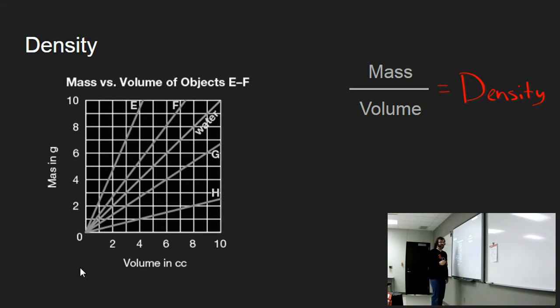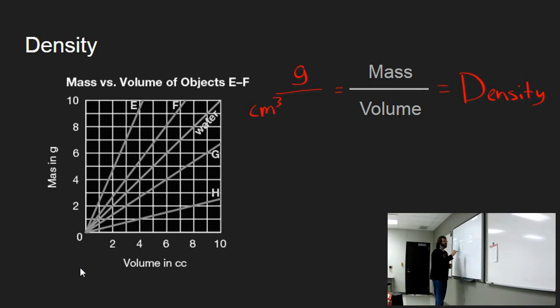Units for mass can vary, but for the most part, we're going to be using grams as our unit for mass. Volume, also, the units can vary depending on how you measure. Normally, we measure solids with a ruler, and so we would use centimeters times centimeters times centimeters, or centimeters cubed.